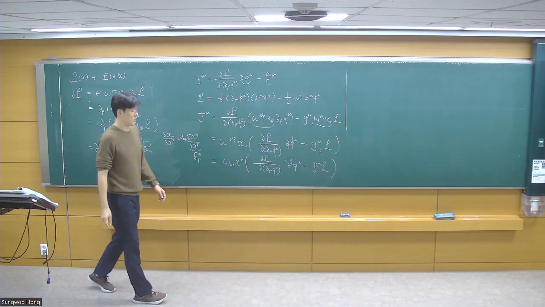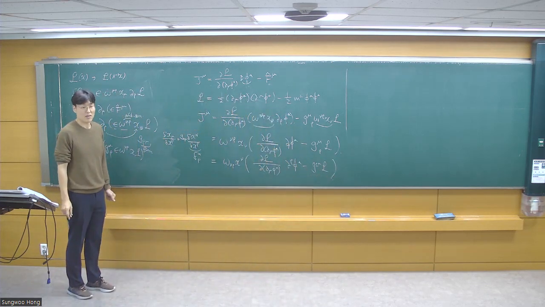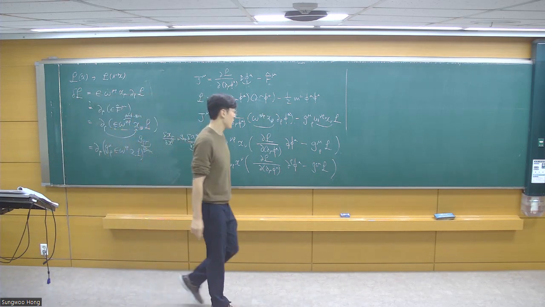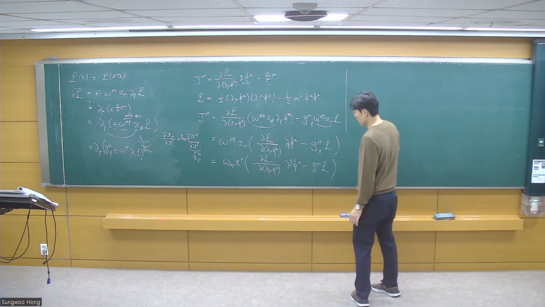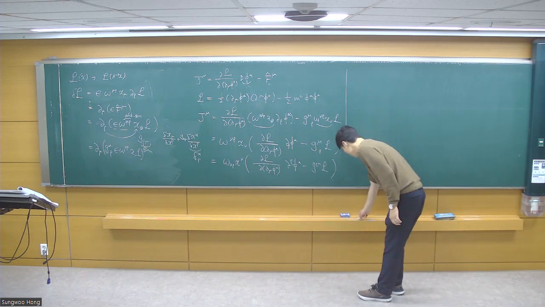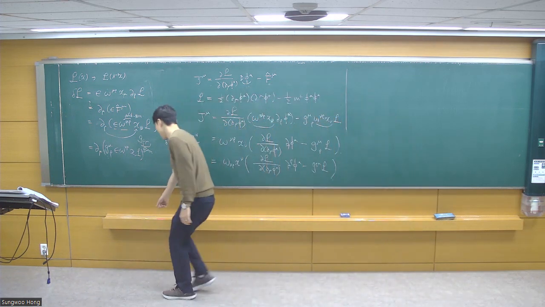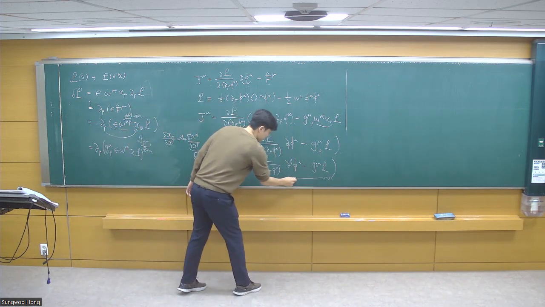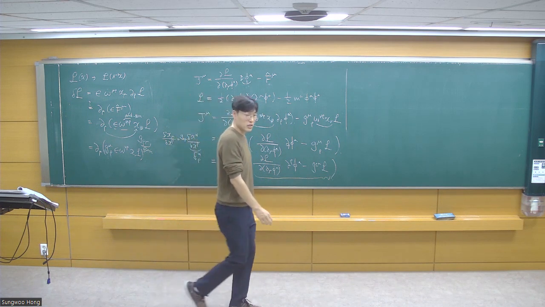Okay. I didn't need to, but this will make a more direct contact to what we have already determined. So now, hopefully, some of you recognize this expression in the parentheses as what we already determined before.